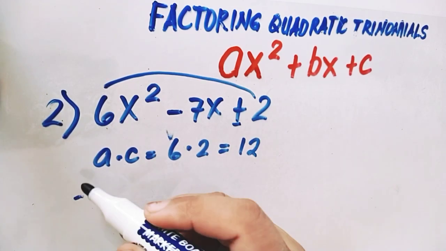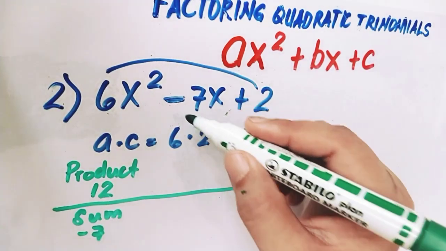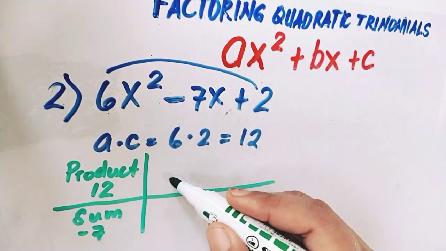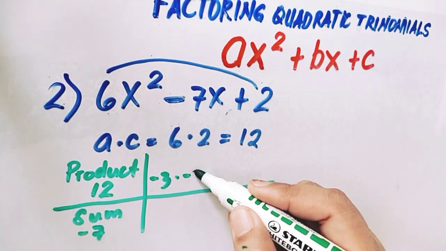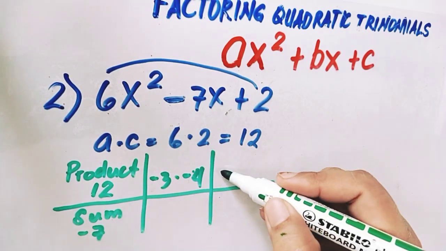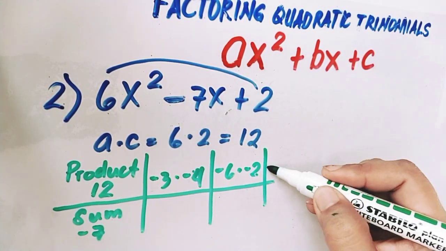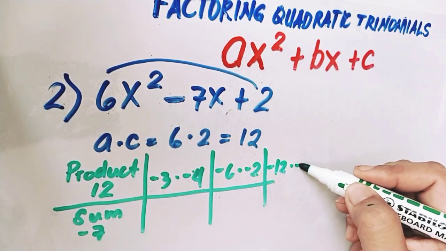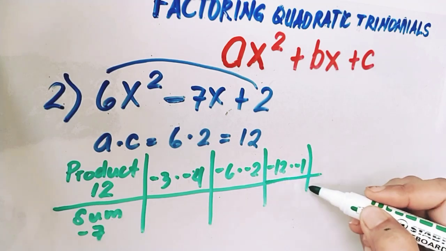And since this is negative, we will use the negative sign. So our factors must be the same, negative. For 12, we can have negative 3 times negative 4, negative 6 times negative 2, negative 12 times negative 1. Look at the factors.